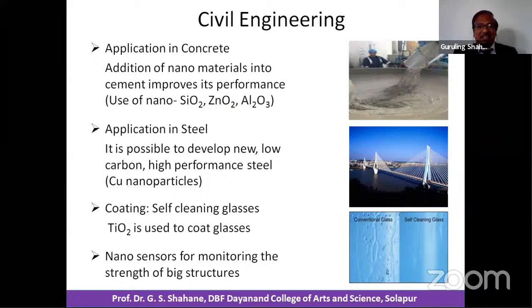Steel is also one of the major components of construction, and it is possible to develop new low carbon and high performance steel by adding copper nanoparticles. It increases the strength of cables, nuts, bolts, frames, etc. So it can be useful for the construction of bridges.